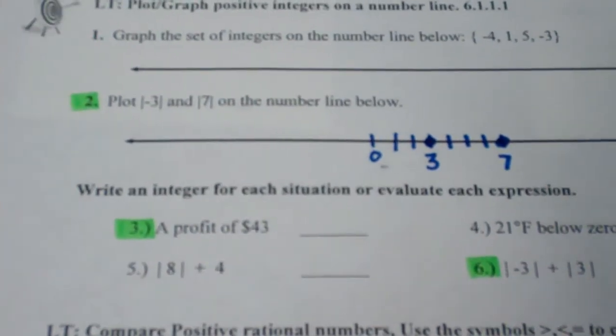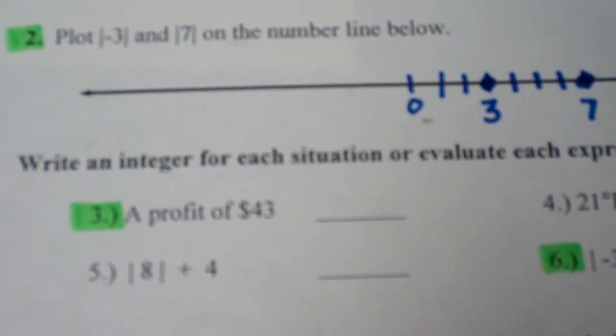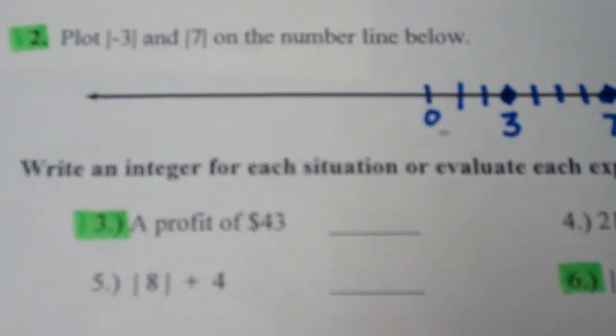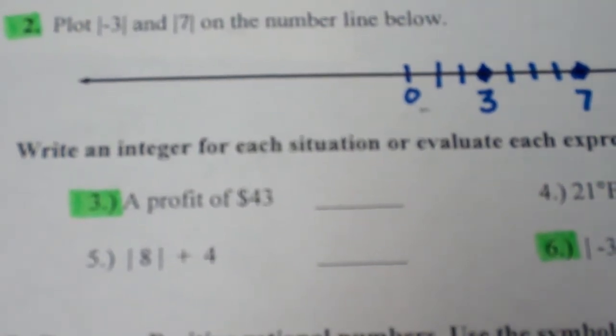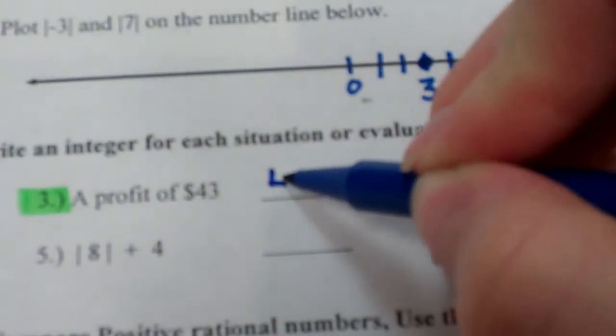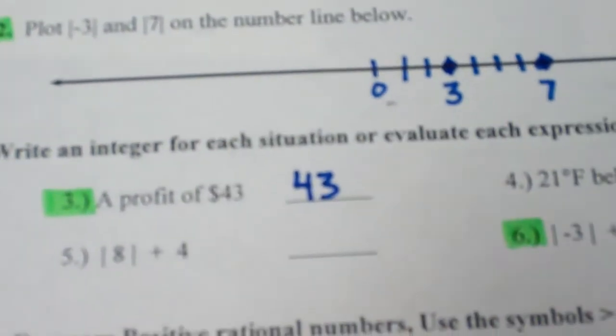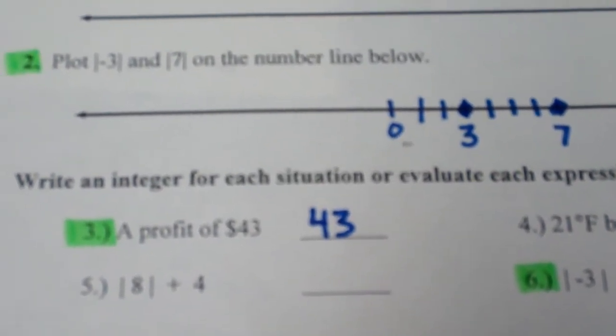They're going to be whole numbers like 43, or an integer would be -43. So we're looking at the words, a profit of $43. You need to know that profit means you're making money, which would be a positive thing. We're going to have a positive 43. I don't include symbols when I write integers. It's just going to be the number.